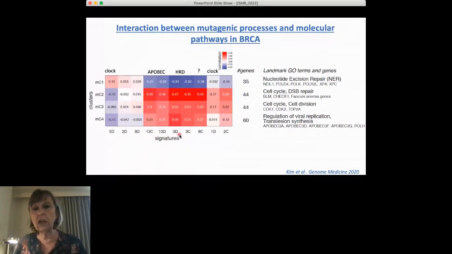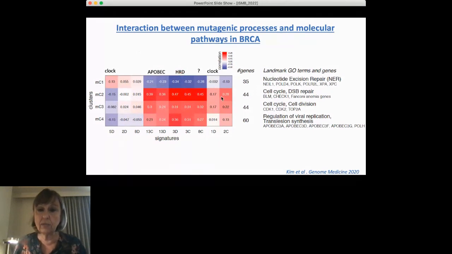So at the bottom here, you have the numbers of the mutational signatures, but at the top, I just described what is known about the signature. Two signatures are clock-related, namely they are observed to be associated with patient age. There's the so-called APOBEC signature that is often associated with immune response. There's the homologous recombination deficiency signature that we know is often associated with breast cancer.